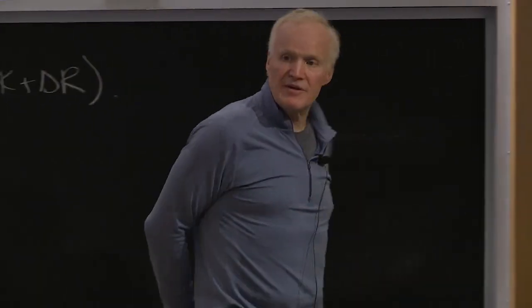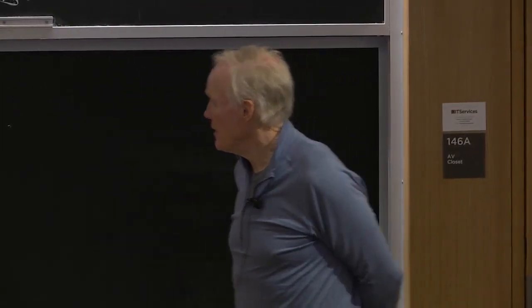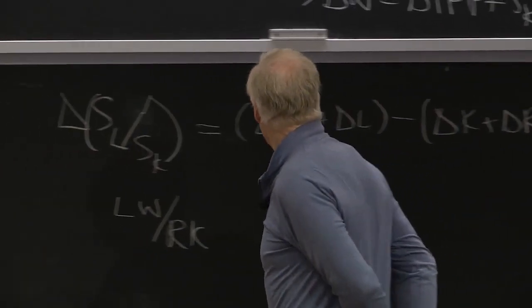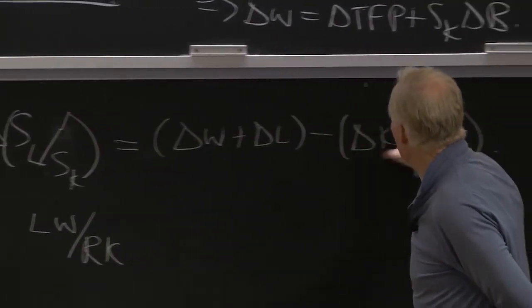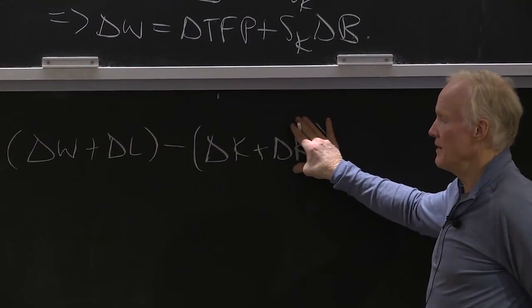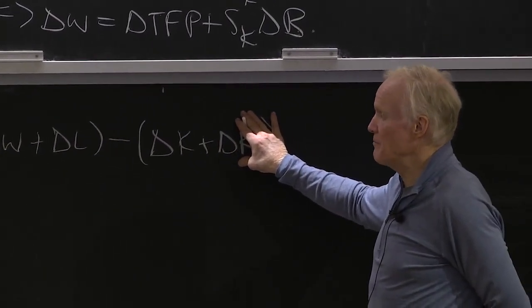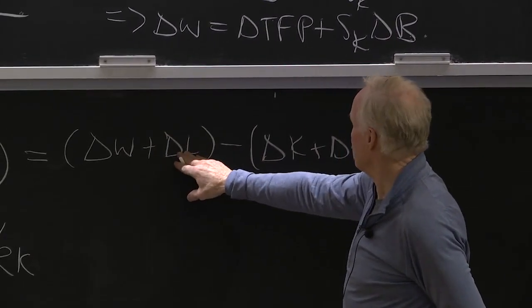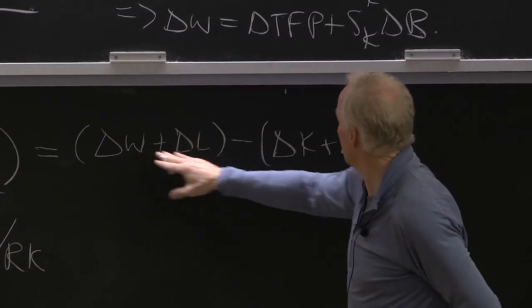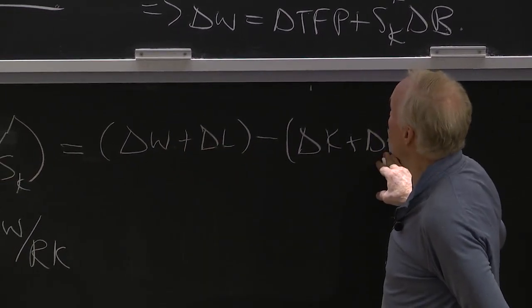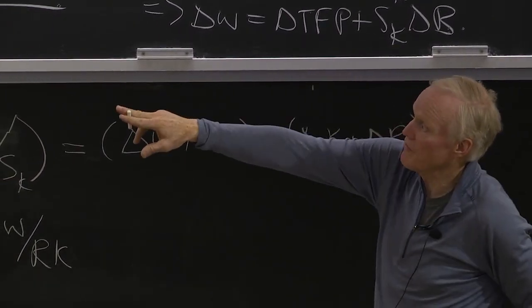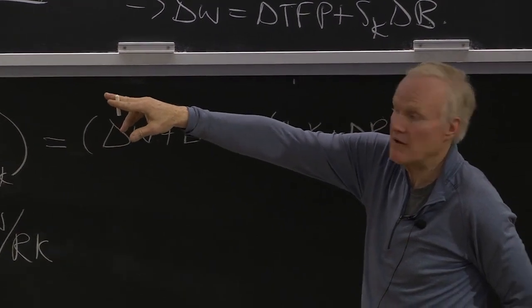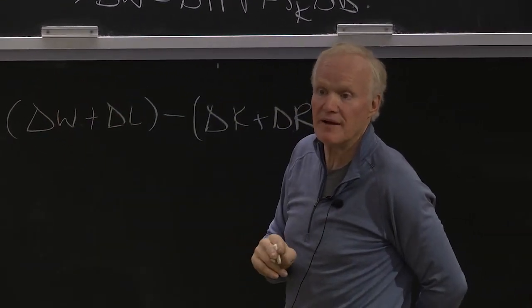So what would that be in the short run? In the short run, if these two are 0, then it would be delta L 0, it would be just delta W minus delta R, which according to that formula would be exactly given by that formula, it would just be delta B. Right?